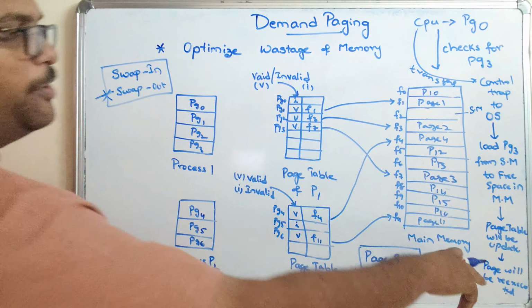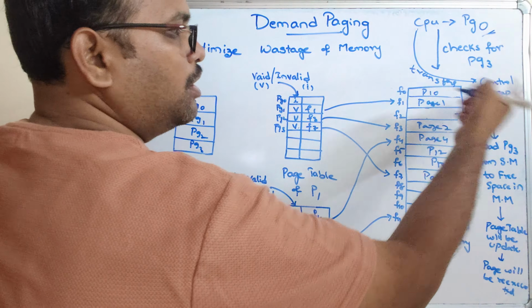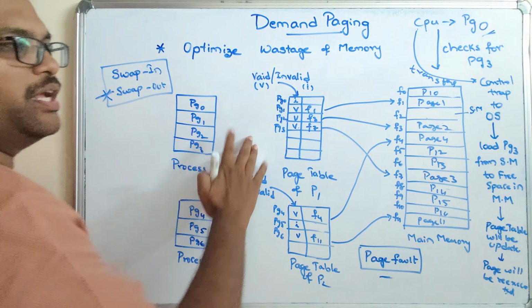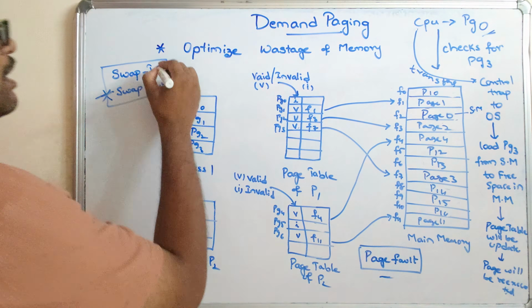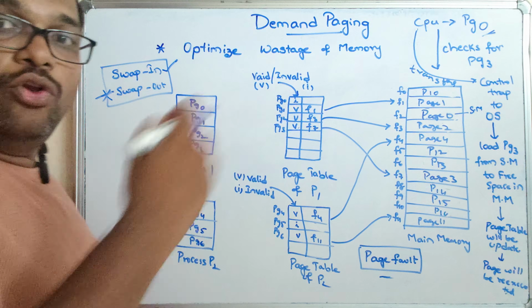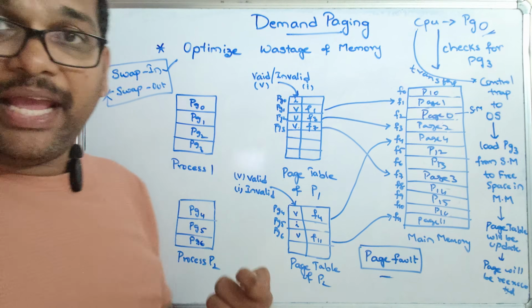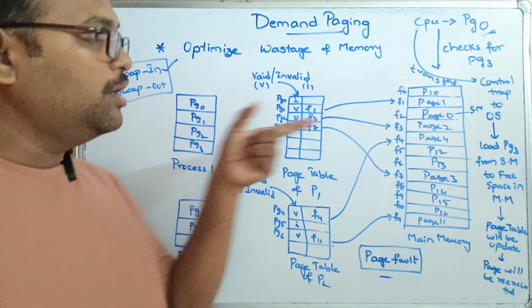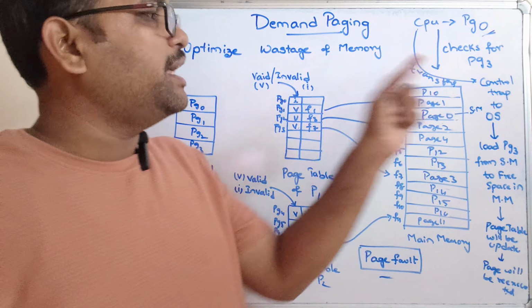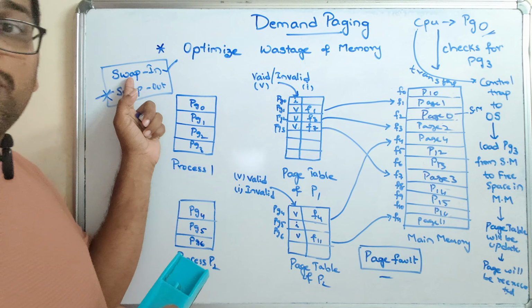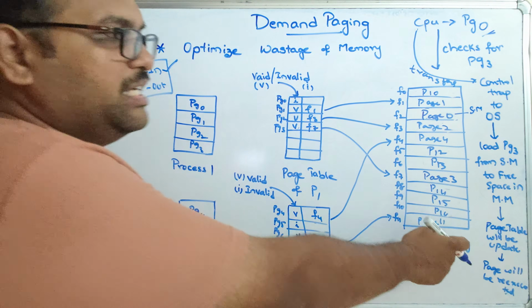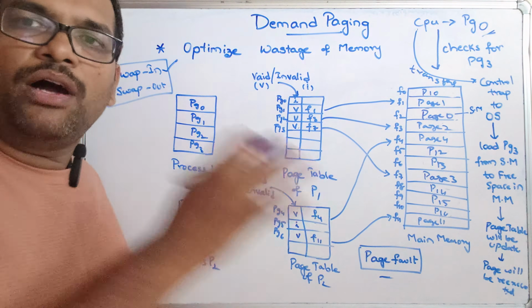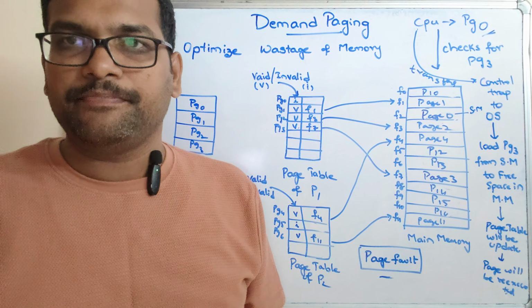Now there is a free space, so the CPU will be loading page 0 from the secondary storage to the main memory. This is called swapping: loading the required page from secondary memory to main memory. These two processes are done when the memory is full and the CPU still wants to execute a required page.